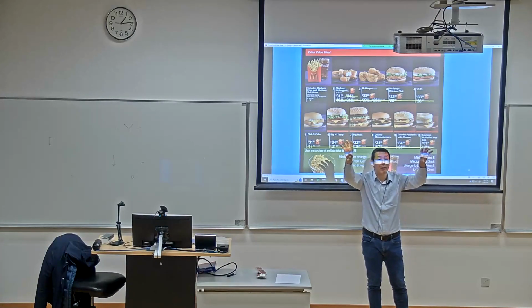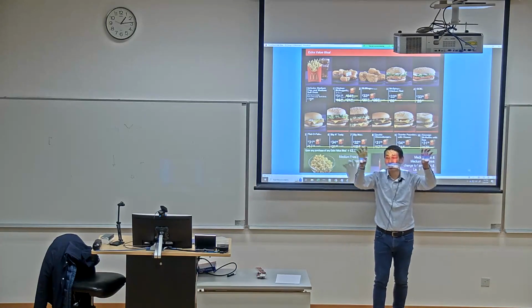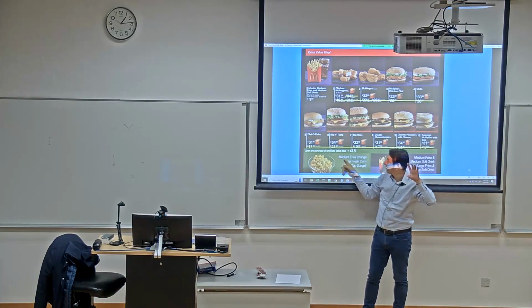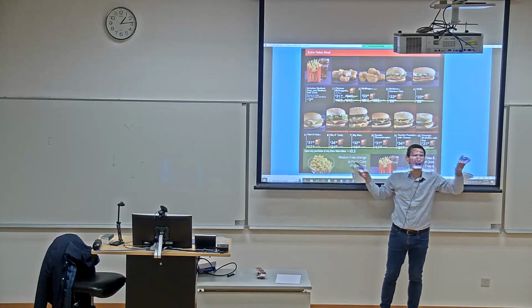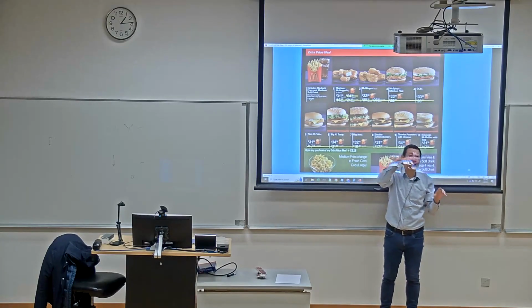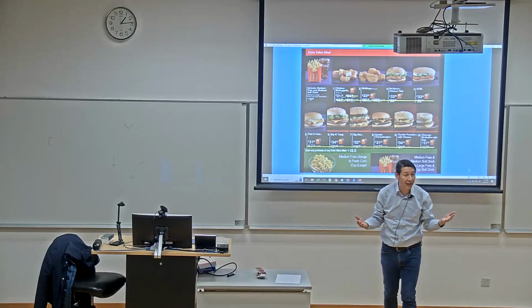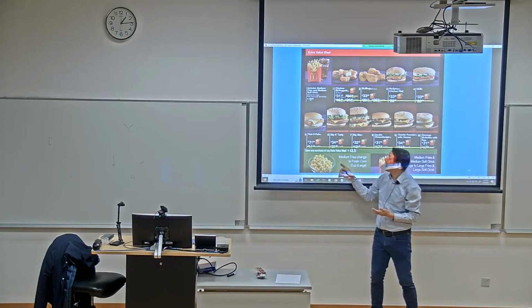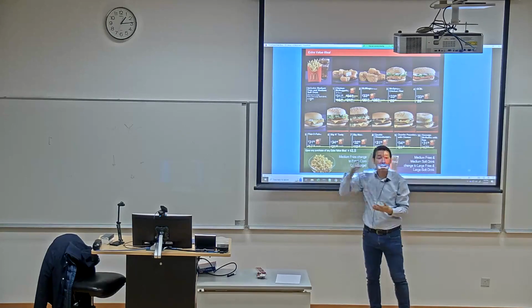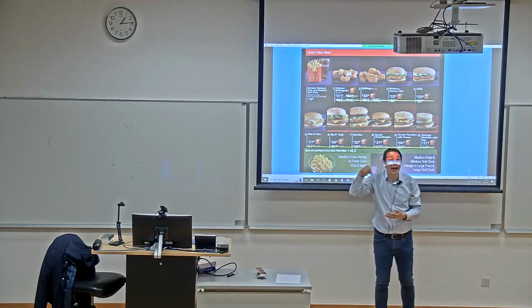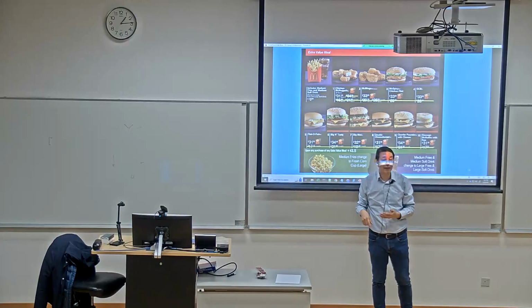Now you ask me to upgrade to corn cup, I said yes. So I have large fries, you only want to take away my medium fries, so I still have L minus M fries in the end, right? So I will get corn cup, I will get large drinks, I will get L minus M fries. Does it work?